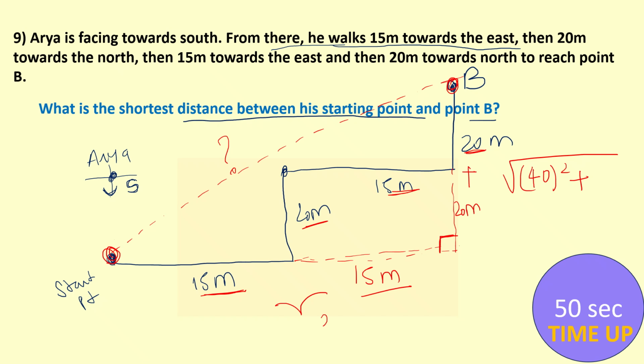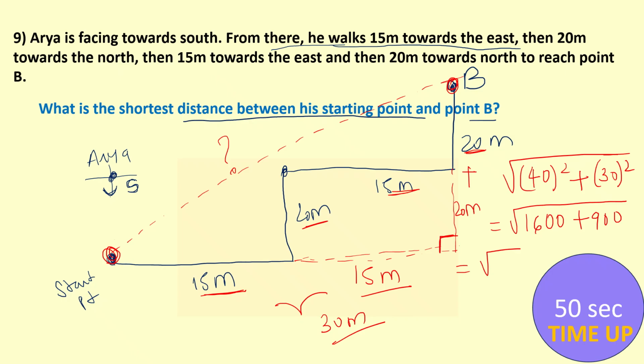So total will be 30 meters. So here it will be 30 squared. So it will be 1600 plus 900, which comes to 2500. So square root of 2500 is 50 meters. So 50 is the answer to this question.